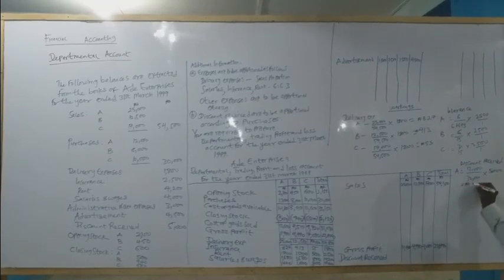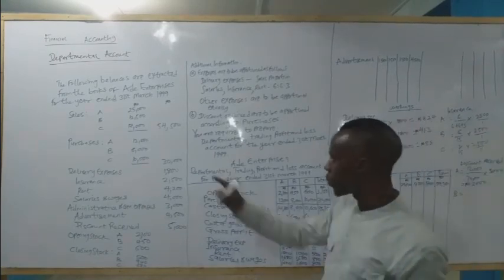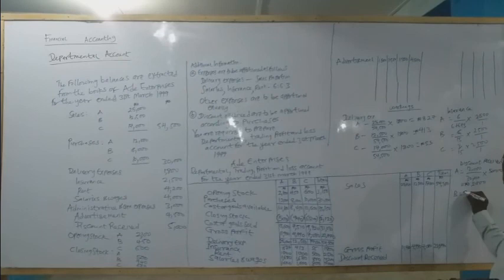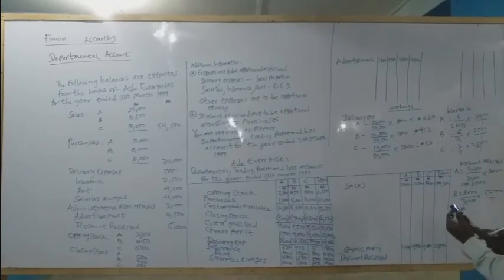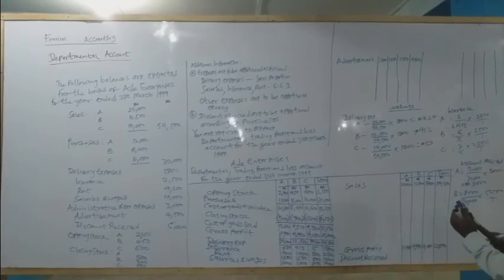So department A has 2,000. Department B, the same thing on the basis of purchases, 8,000 over 30,000 times 5,000. So 8 divided by 30 times 5,000.